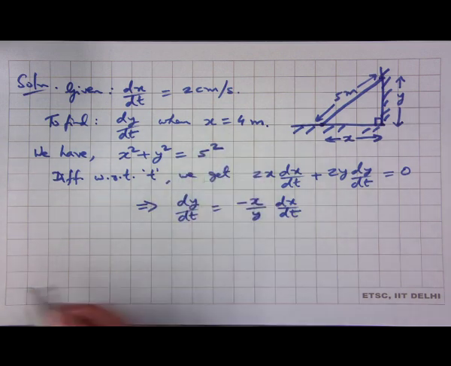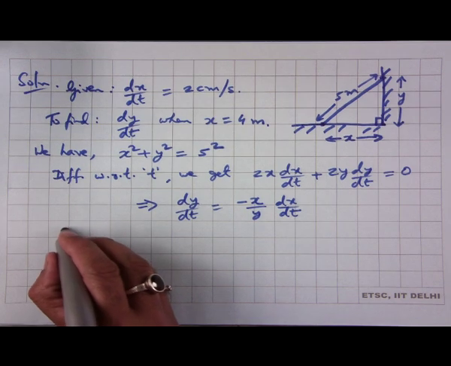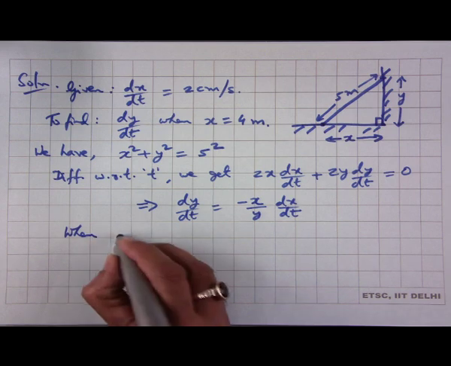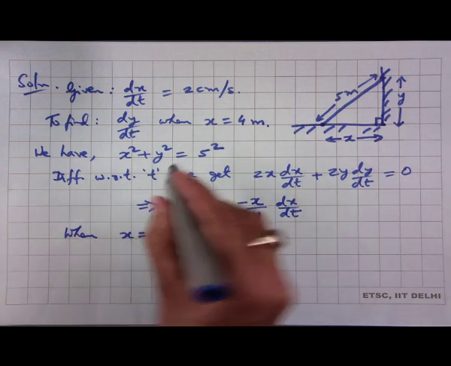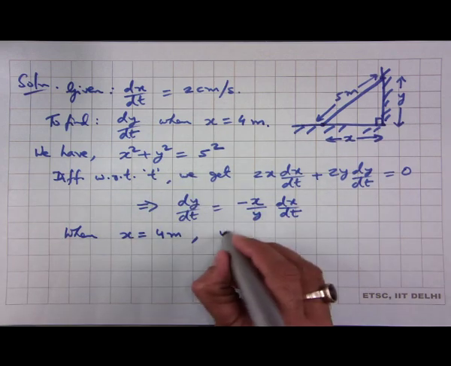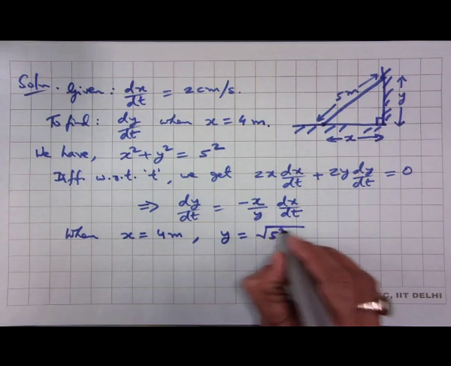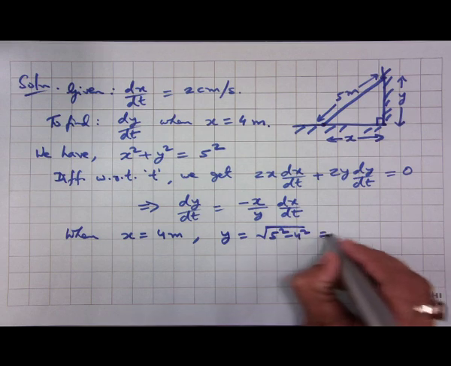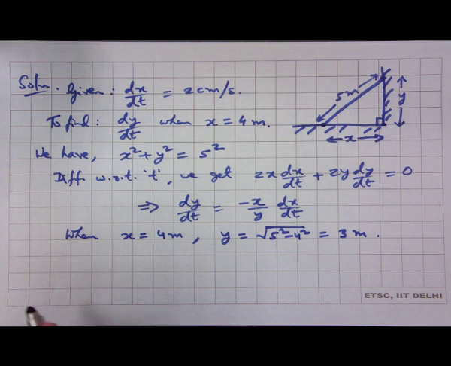Now, when x is equal to 4 meters, what is y? y is equal to square root of 5 squared minus 4 squared. So, this will be 3 meters when x is 4 meters.